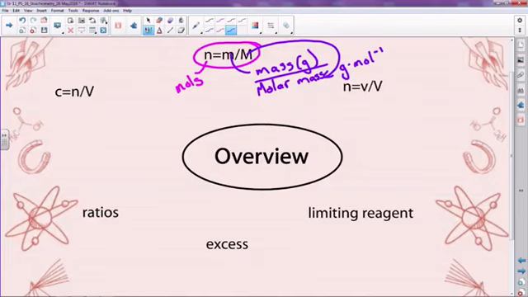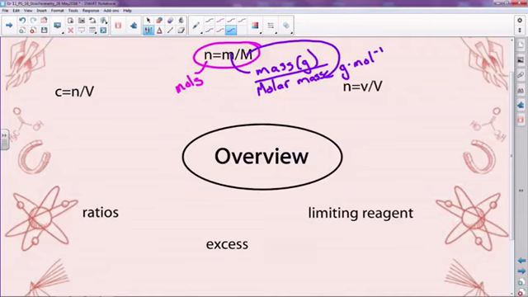The second way of calculating moles is when we have gases. Gases are difficult to capture and then put on something that can weigh them. So we have a way of calculating the number of moles using the volume. If you remember from the previous lessons, we've been talking about the behavior of gases.